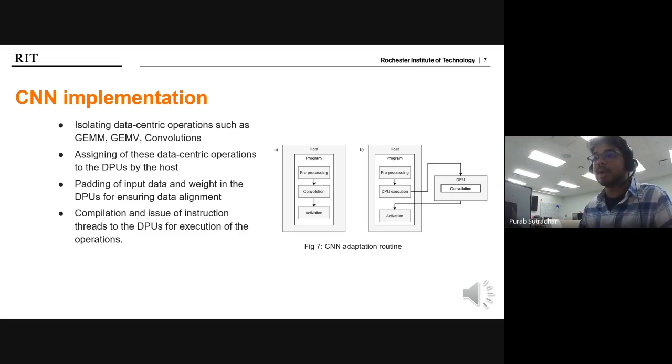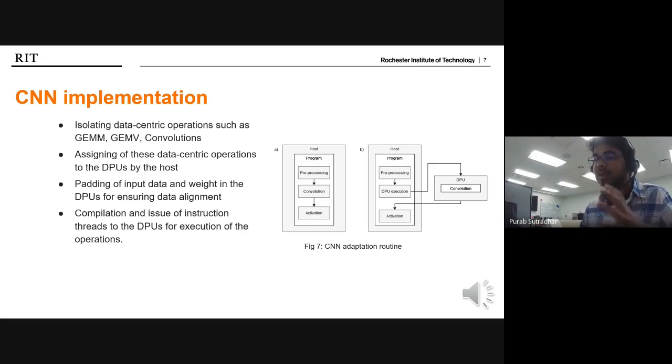Then these GEMM and GEMV operations were distributed across many DPUs located in multiple DRAM chips. The corresponding data of each such task was organized in the MRAM, ensuring proper data alignment, and this was done by the toolchain, actually. And finally, the instruction threads were fetched to the DPUs.